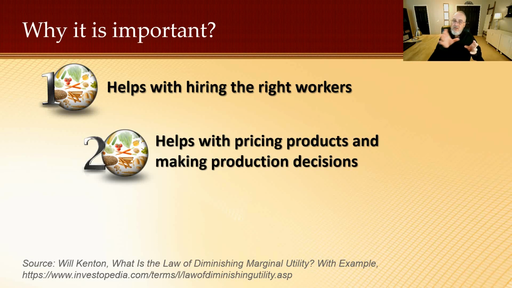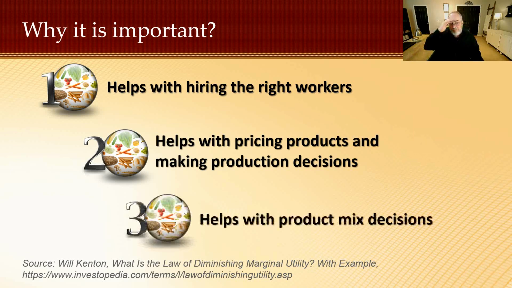But I know the utility diminishes after that first, so I may offer 2 of them for $7, $2 more. Or I may offer 3 of them for $9 or $10. So for every unit I'm lowering the price because I know that the utility has diminished. And then I can use those price levels and that demand to determine how much I'm going to produce. So it works into pricing decisions and it works into production decisions, knowing this principle.